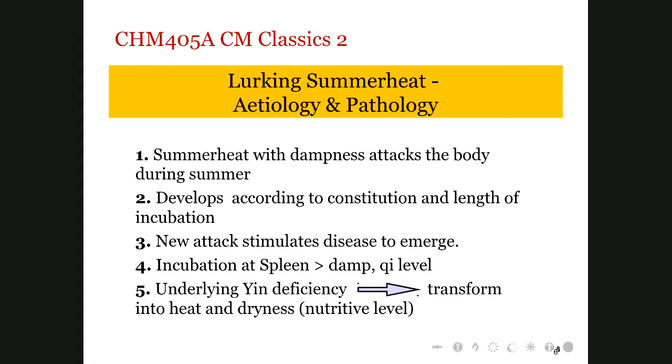When they affect the body in the summer, they can cause some illness, or sometimes they do not cause any illness, but stay invaded inside until autumn or winter comes with a secondary exterior pathogen attack, inviting them to come out.